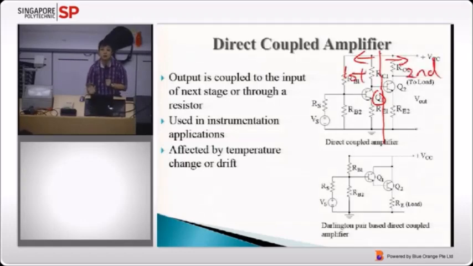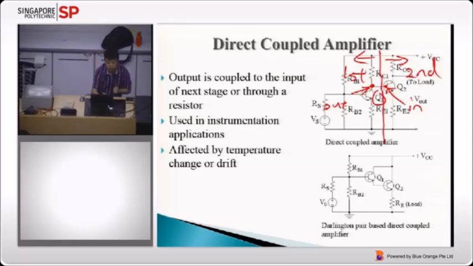Follow? So now your first stage output is linked to your second stage input. And the linkage is direct. It's just a wire connecting, so nothing in between. That's why it's called direct.